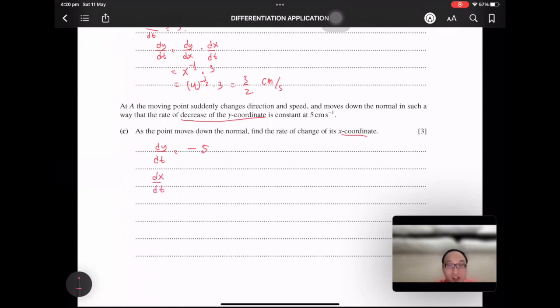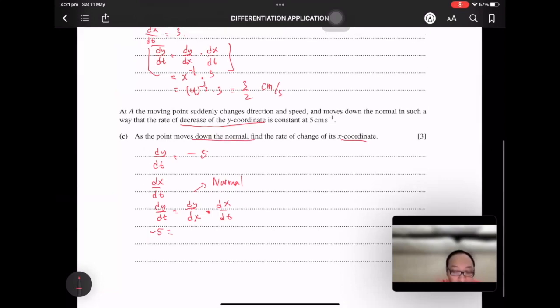Again, we can find dx/dt using the chain rule. We can use this formula: dy/dt equals dy/dx times dx/dt. dy/dt equals negative 5. dy/dx is now the dy/dx of the normal, because the point moved down the normal.